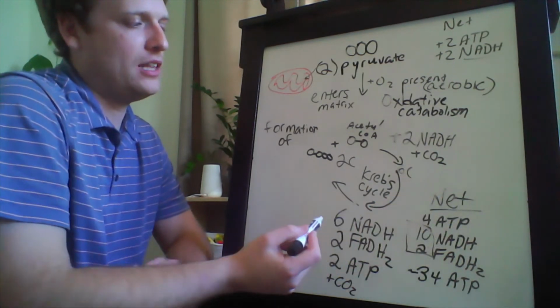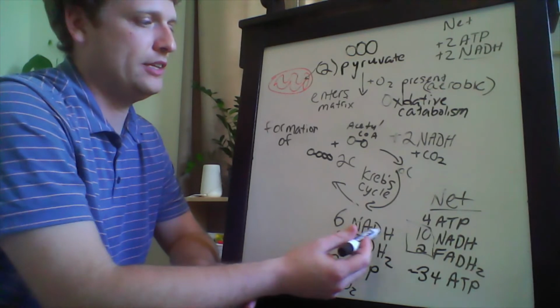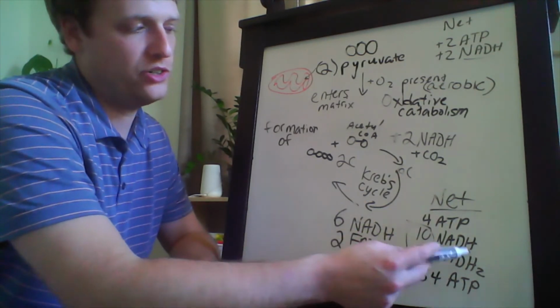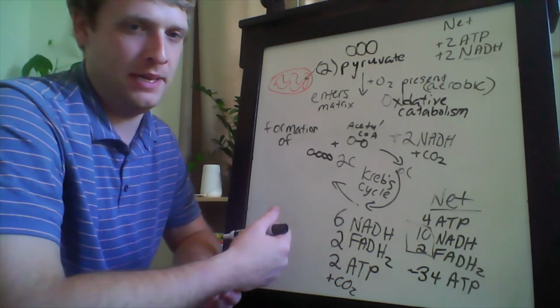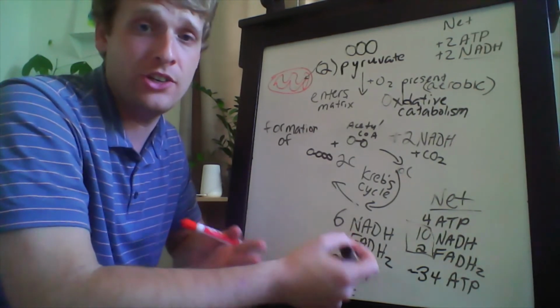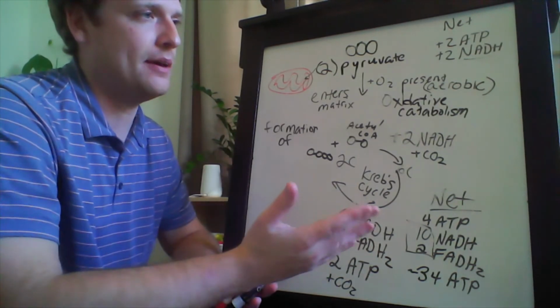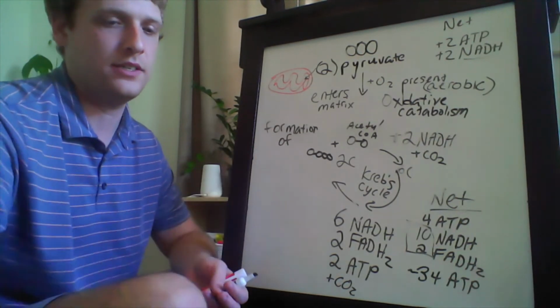So just glycolysis, you get 2 ATP, and then the Krebs cycle you get 2 more. But it's really the electron transport chain that is going to be the engine of ATP production, and that's why oxygen is so important. And we'll talk about the last step of where oxygen plays into this in just a second.